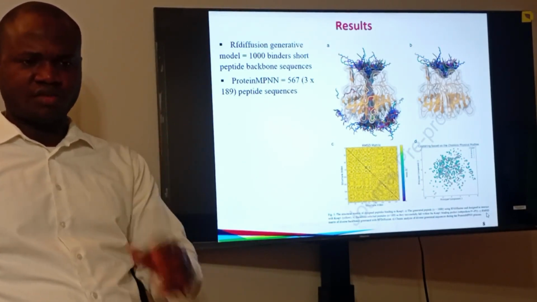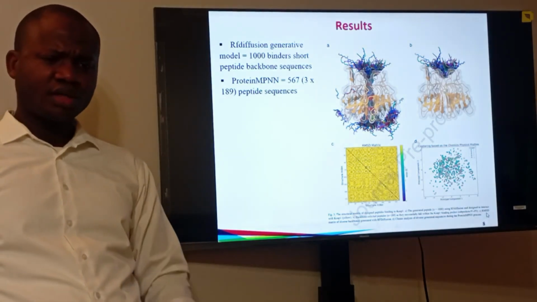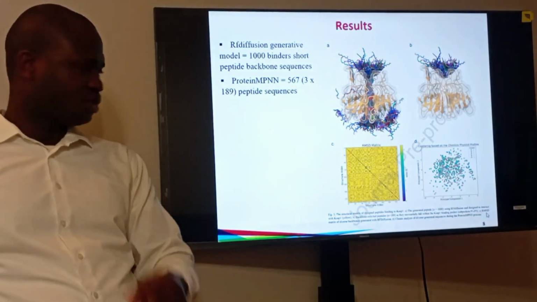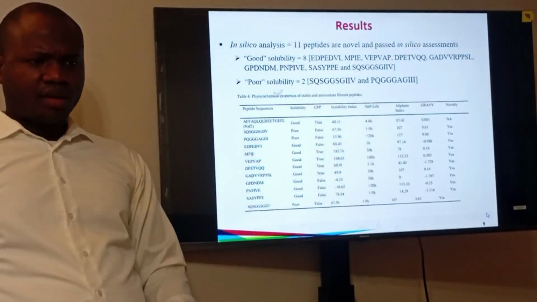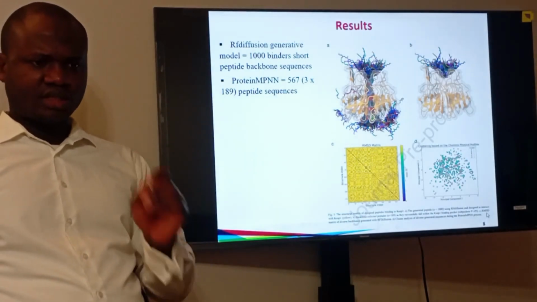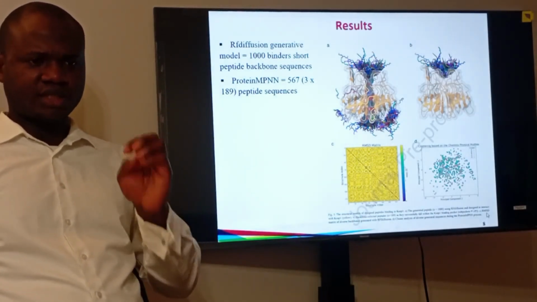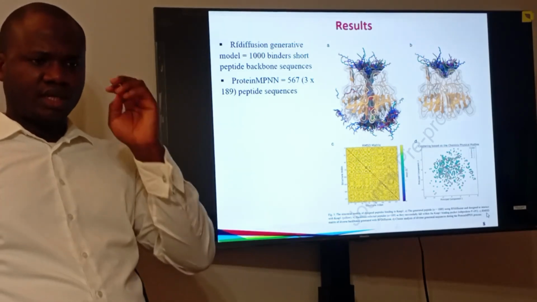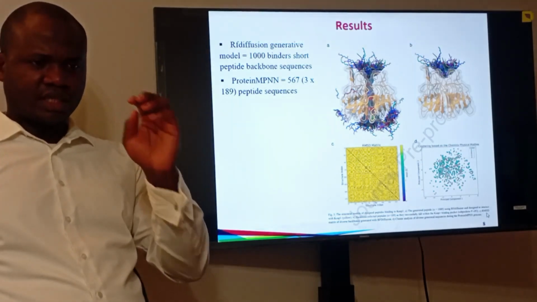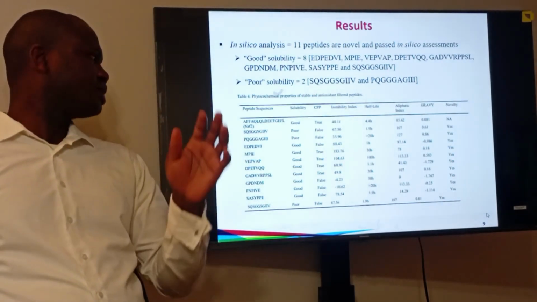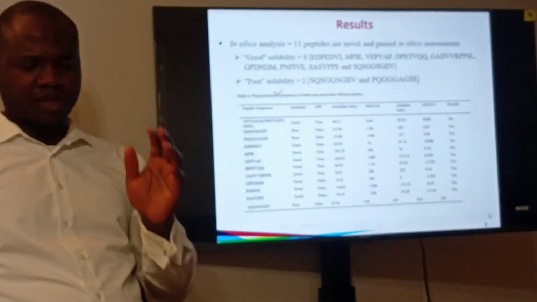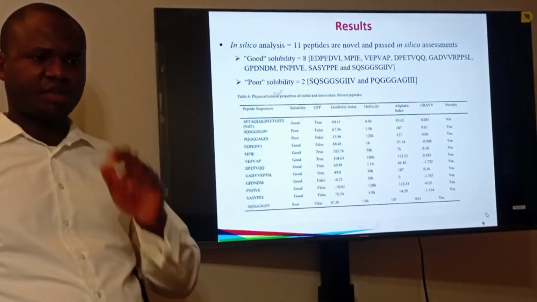The graphical output of the work is shown on the screen. Out of the 567 peptide sequences that were generated, the in silico analysis was conducted on this number of peptide sequences, that is 567.